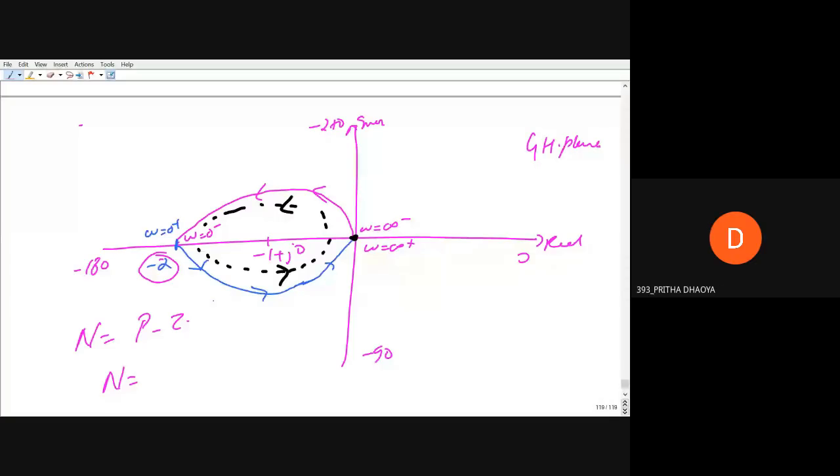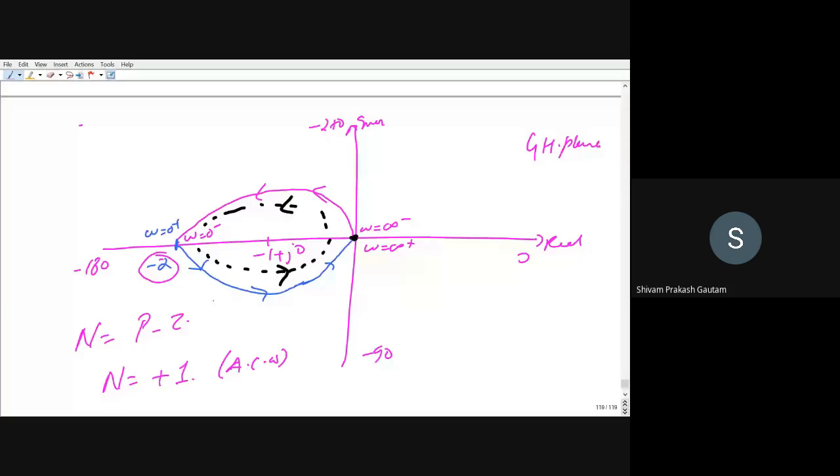What is the direction? Anti-clockwise. Anti-clockwise means positive 1. It is in anti-clockwise direction, and only one encirclement, so it is plus 1. And what is the value of P?